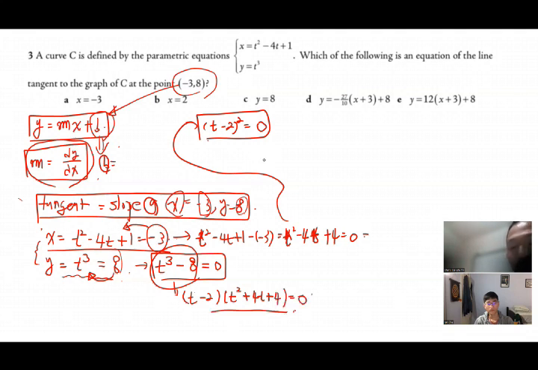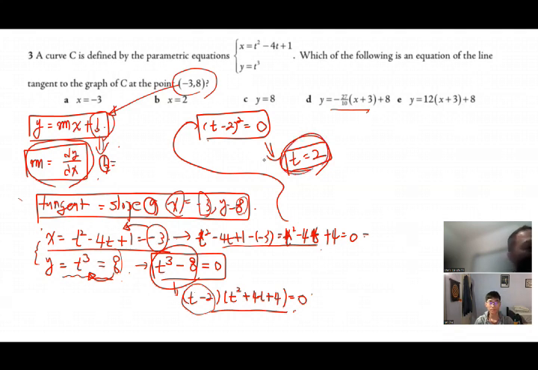So the common t value from these two equations is t equals 2. If t is 2, that satisfies both the x and y equations. So t must be 2, and we have to find the slope of the tangent line when t is 2.